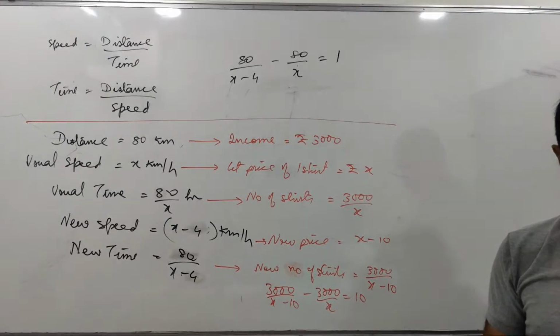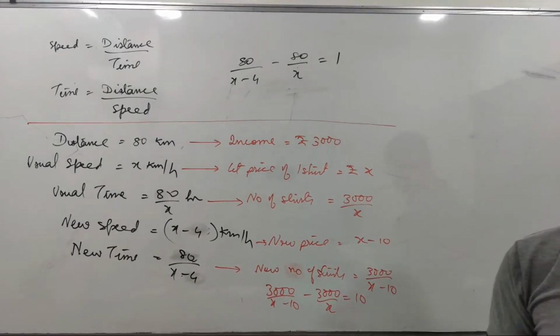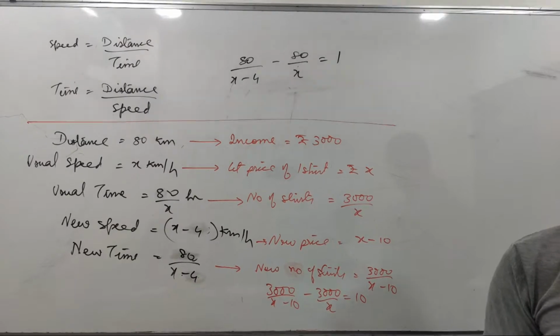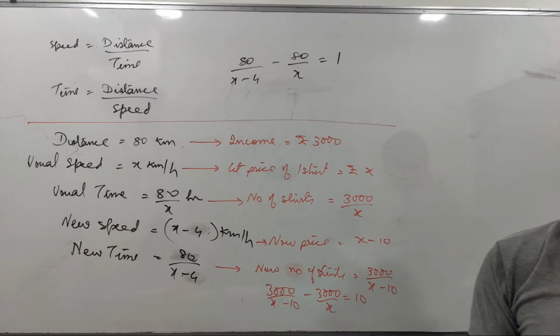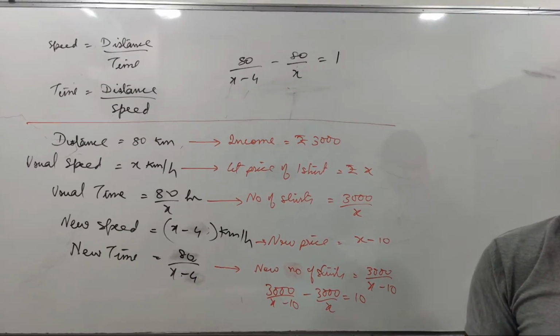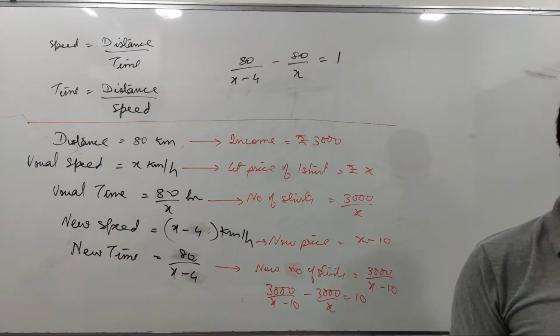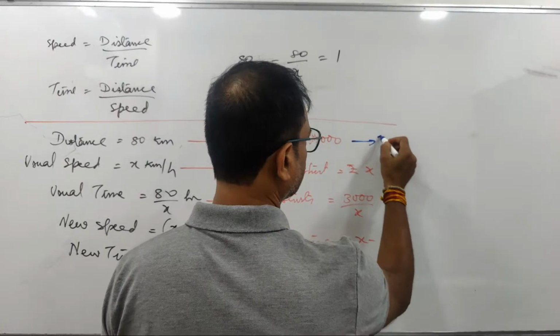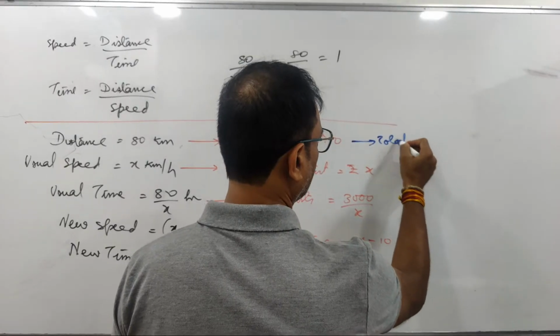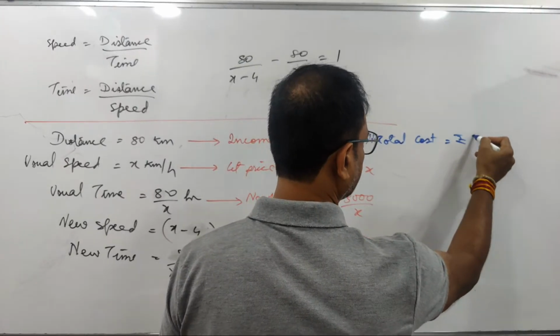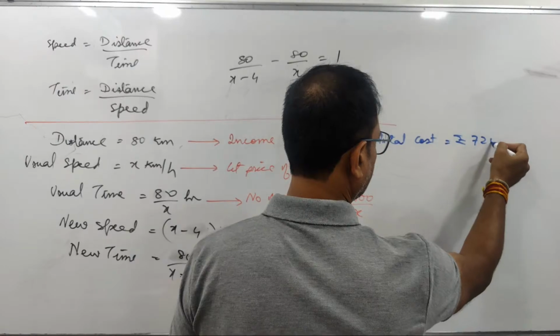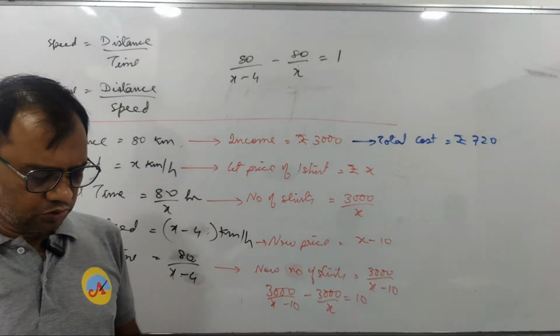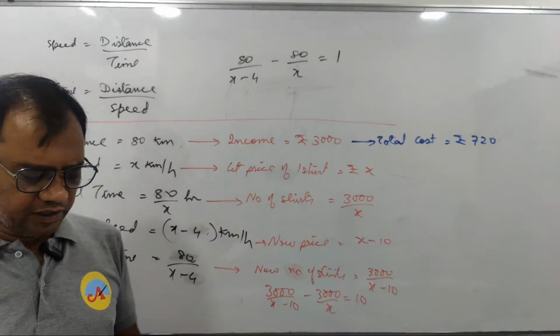Now see, some students of, let's say, Holy Cross School, let's name it R, some students of our institute went for a picnic. Total cost for the food was rupees 720. So here what will be 720? Related to distance. So total cost is equal to rupees 720. 4 students among the group failed to go.